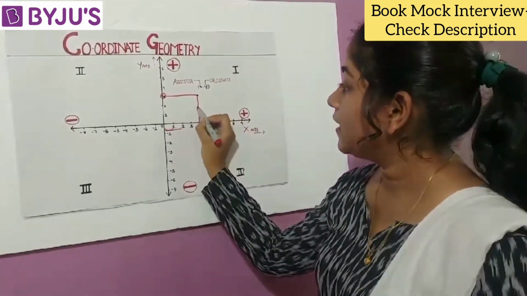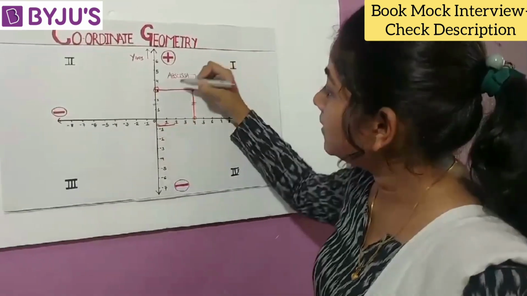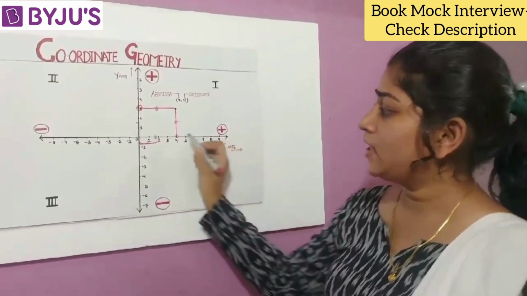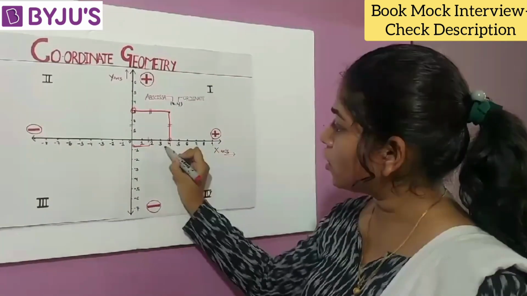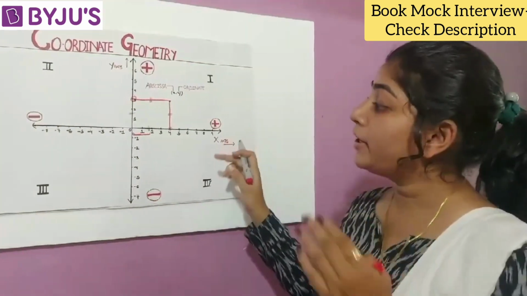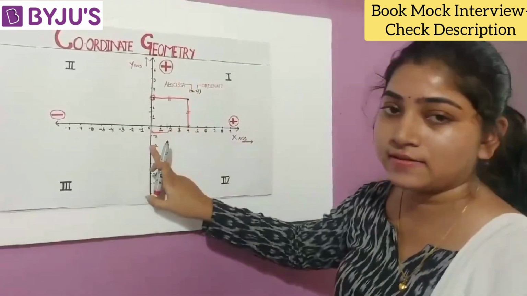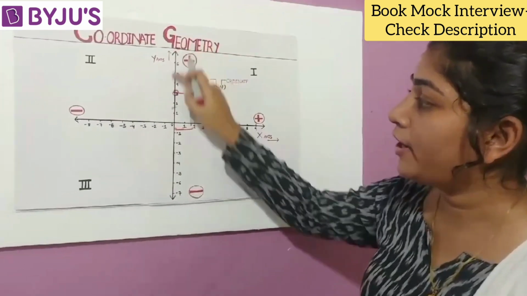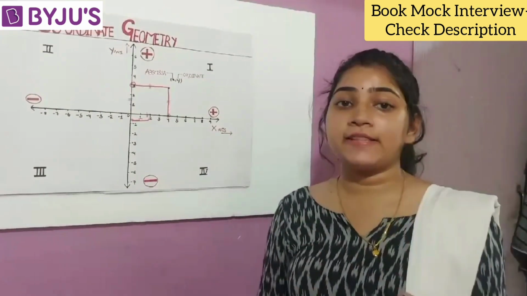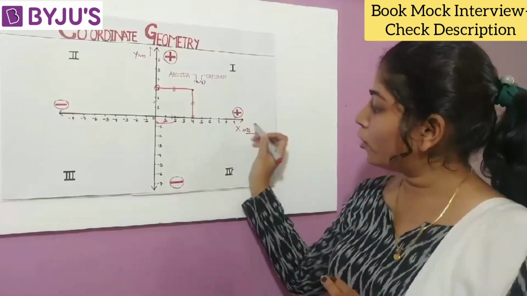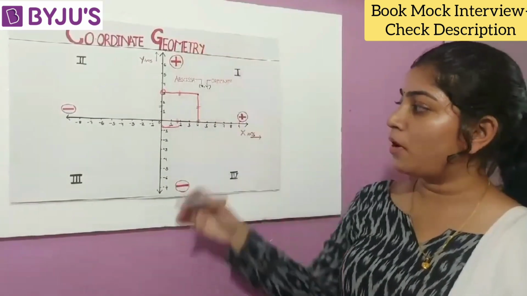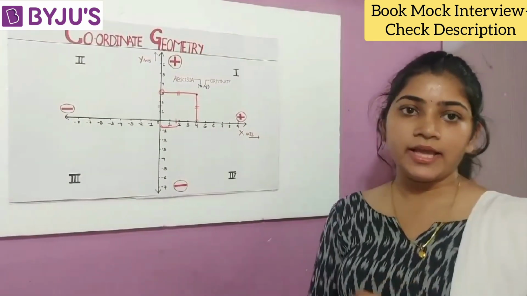Here we can see that x is equal to 4. 4 is the x-coordinate, the perpendicular distance from the y-axis. Similarly, 3 is the y-coordinate, the perpendicular distance from the x-axis. So we can say that the x-coordinate is the perpendicular distance from the y-axis and the y-coordinate is the perpendicular distance from the x-axis.